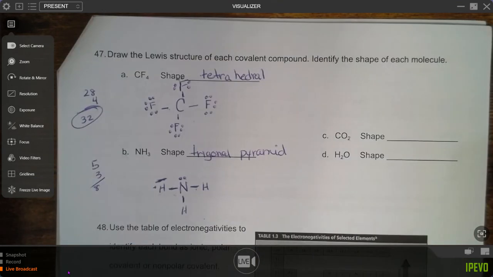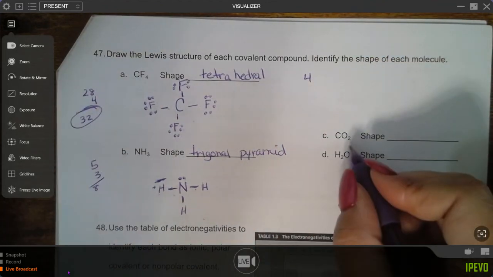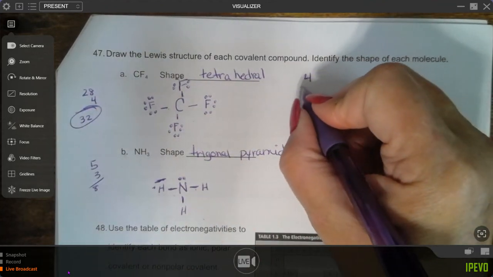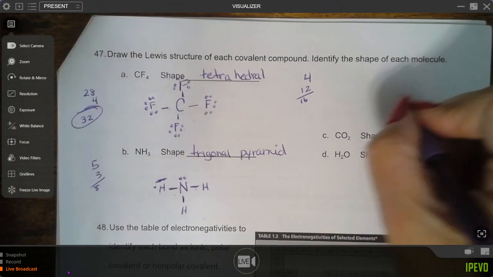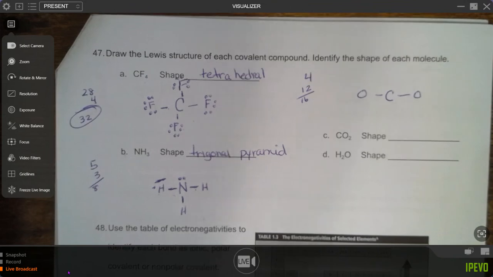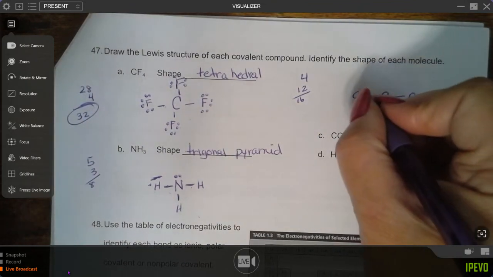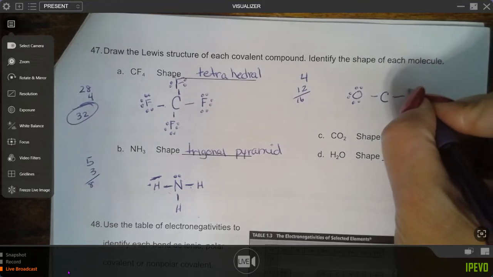All right, carbon dioxide. Carbon has 4 valence electrons. Each oxygen has 6, so that's 12. So we've got 16 electrons. So central atom attached to the outer atoms, give each outer atom 8 electrons.